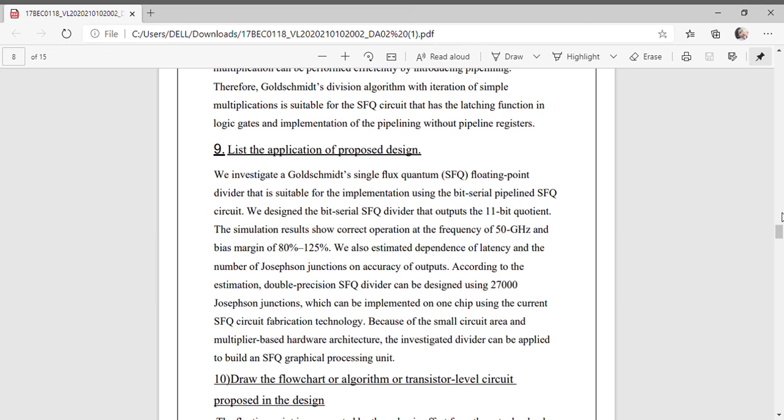It can be used for, since it is a very small circuit area and completely multiplier based hardware architecture, this divider can be applied to build an SFQ graphical processing unit, and it can also be used to implement GPU processors.